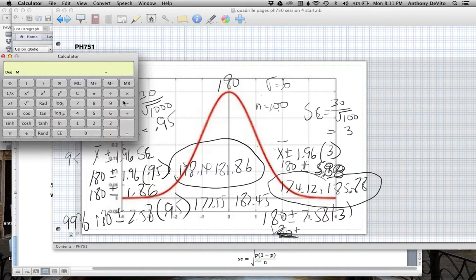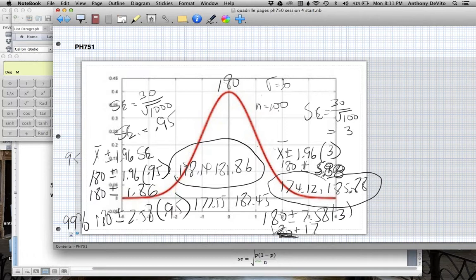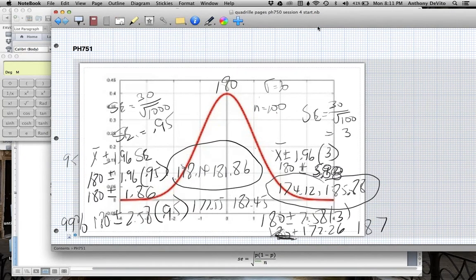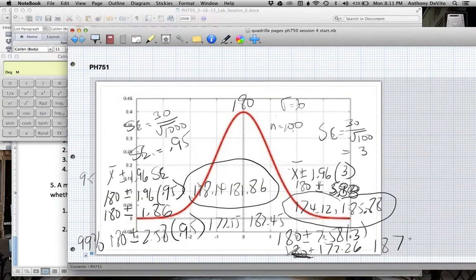So 180 minus that is going to be 172.26. And the upper range is going to be 187.26.